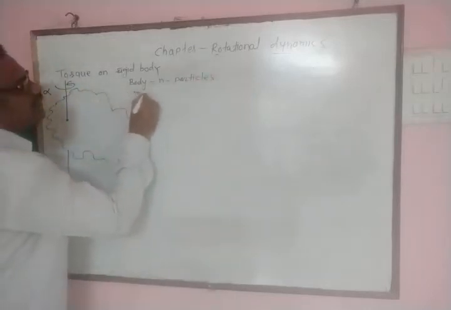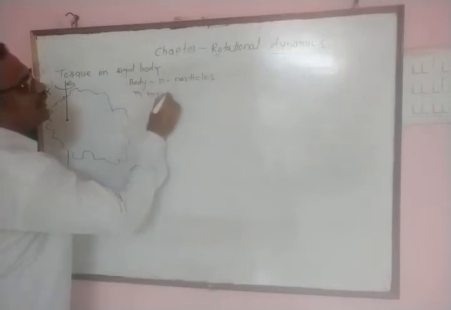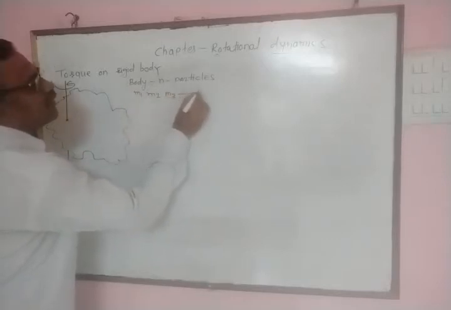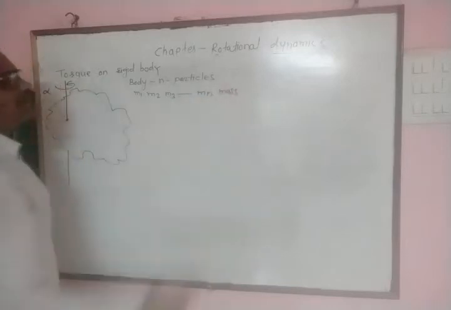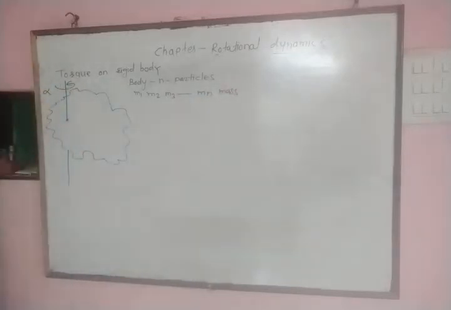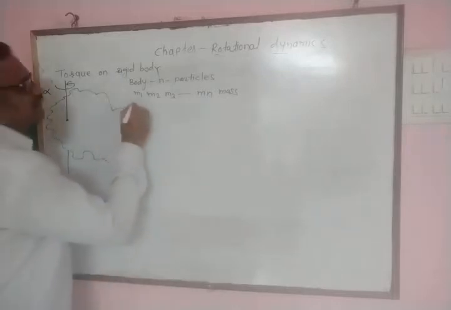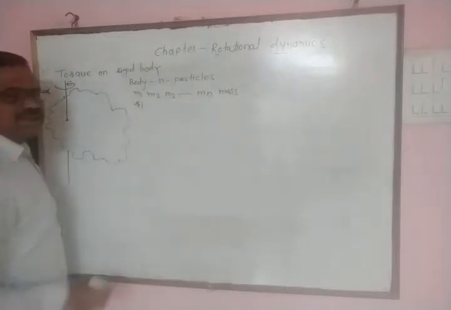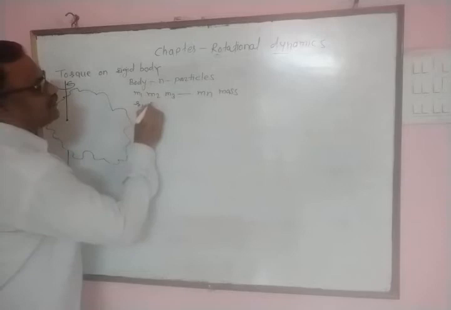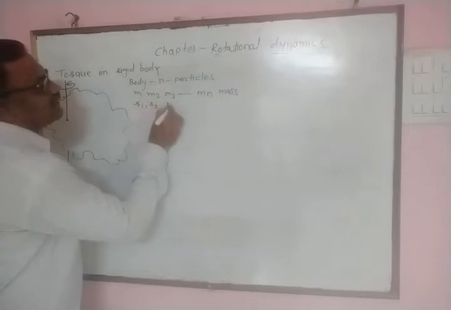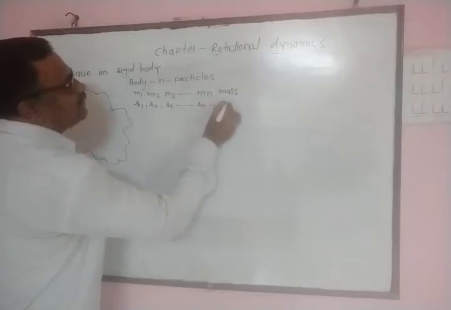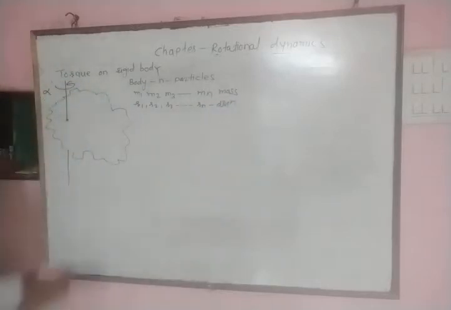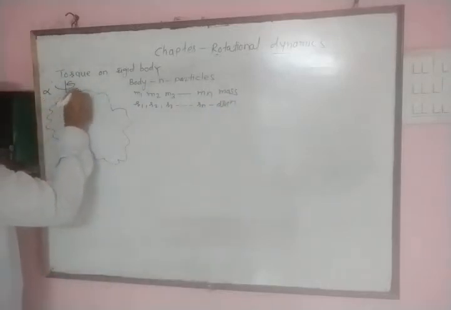M1, M2, M3 and so on up to Mn represent mass of each particle, and consider these particles are present at distance r1, r2, r3 and so on up to rn from the axis of rotation. This is first particle.